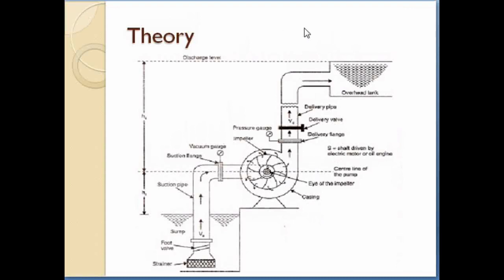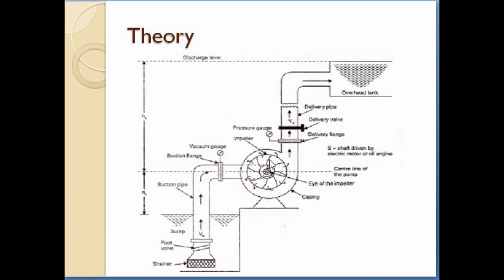Parts of the centrifugal pump can be explained as below. It has a casing. Inside that we can see there is a rotor. It is also called an impeller. It has a number of blades. We can see these blades are directed backward, or we can say backward facing blades.